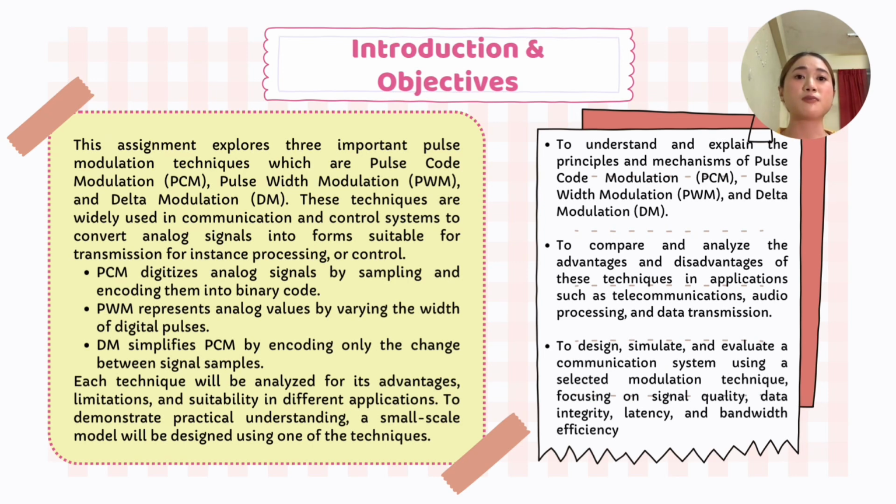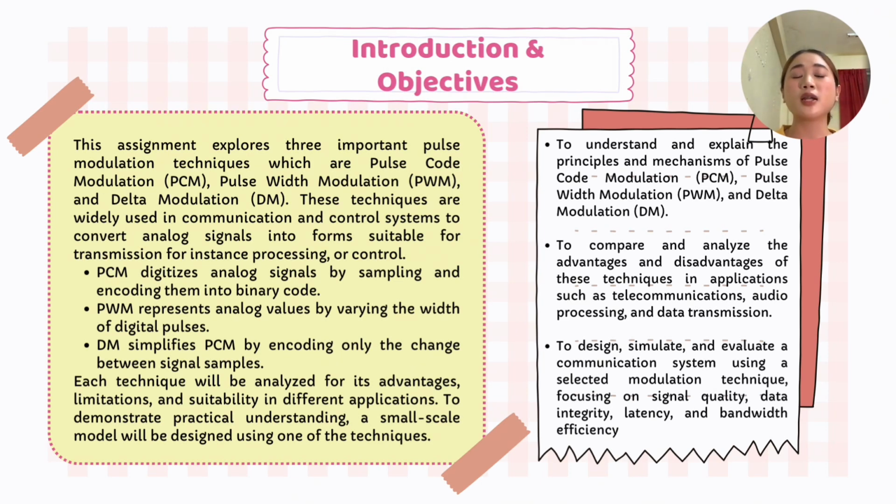This assignment explores 3 important pulse modulation techniques, which are pulse code modulation (PCM), pulse width modulation (PWM), and delta modulation (DM). These techniques are widely used in communication and control systems to convert analog signals into forms suitable for transmission, for instance, processing or control. PCM digitizes analog signals by sampling and encoding them into binary code.